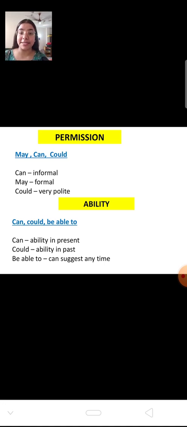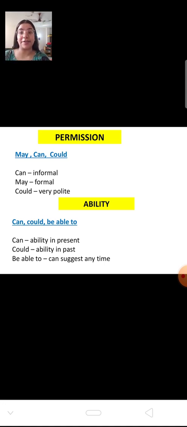Then comes ability. If you're talking about the ability of someone, then we use can, could, be able to. Can is for ability in present. You can do this. If we are talking about the past, what was your ability? Then say, "Could you do that?" That is the way we can use could.